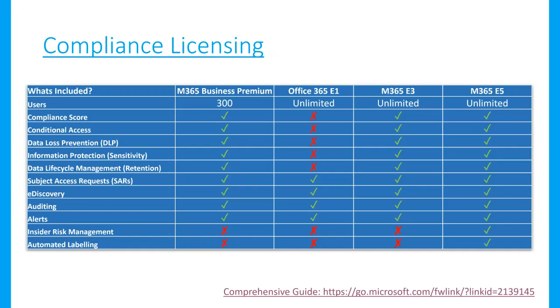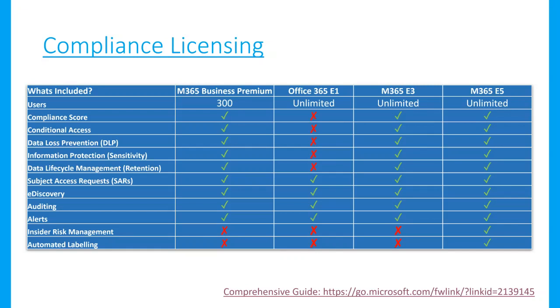The table that we have here on the screen highlights some of these features and whether they're included against some of the more popular licensing SKUs. We can see Business Premium, 365 E1, MS365 E3, and MS365 E5, and you can see at a high level the elements that are included.